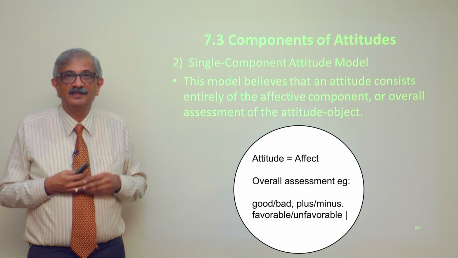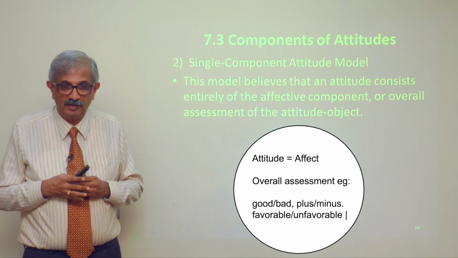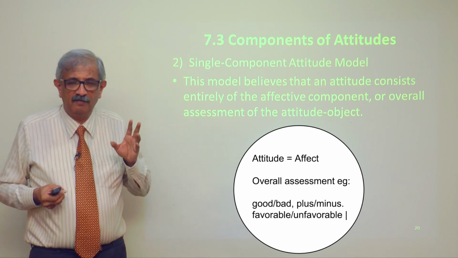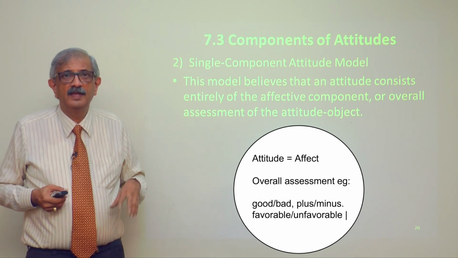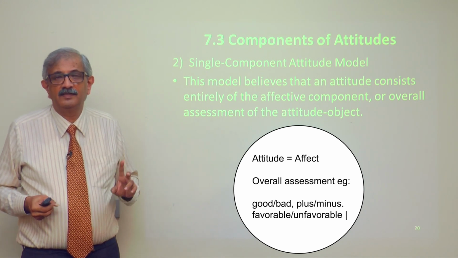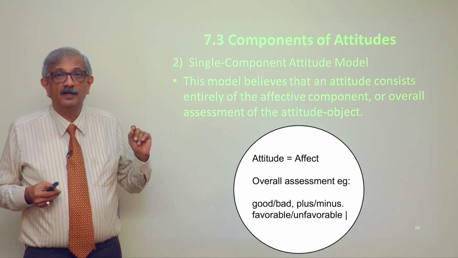Moving on, the second model, among the components of the attitude models, is the single component attitude model. Here, the affective component is considered as the only component that determines the attitude of an individual, the overall assessment of the attitude object.